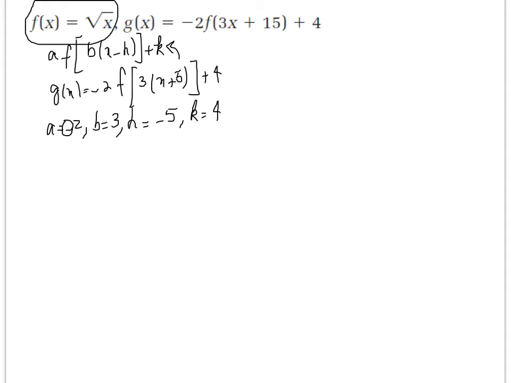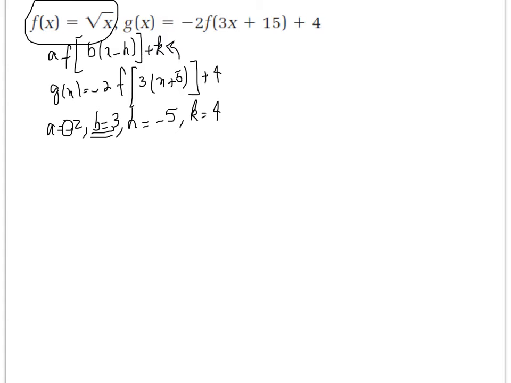Then I compress it along the x-axis by a factor of 1 over 3. Then I move it left along the x-axis by 5 units, and then go up 4 units along the y-axis, and I get the graph of the transformed function.